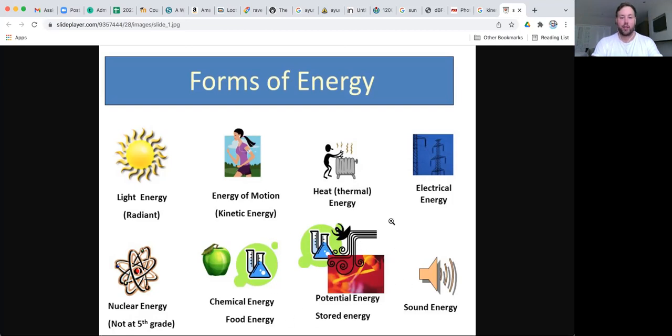We have potential or stored energy. So this is another kind of energy that, for example, if in this little picture, there's a little boat sitting on the edge of a waterfall, it has the potential to fall down. It contains potential energy, stored energy.